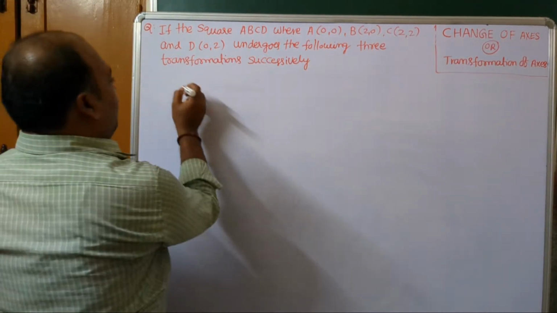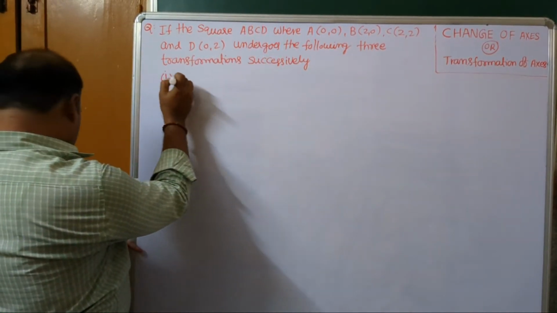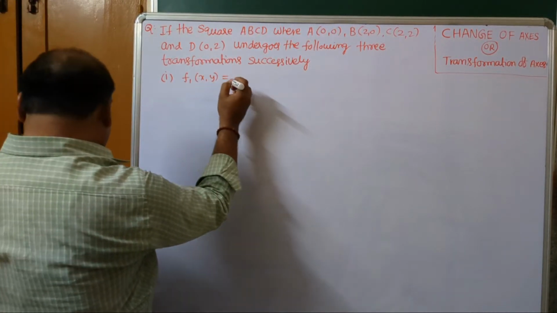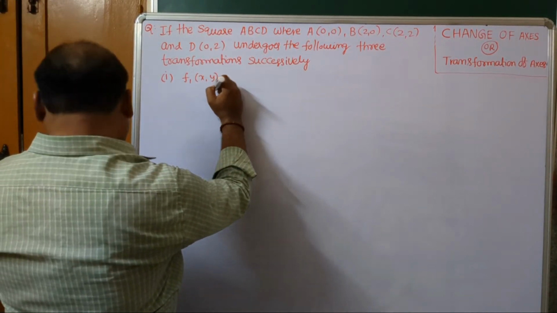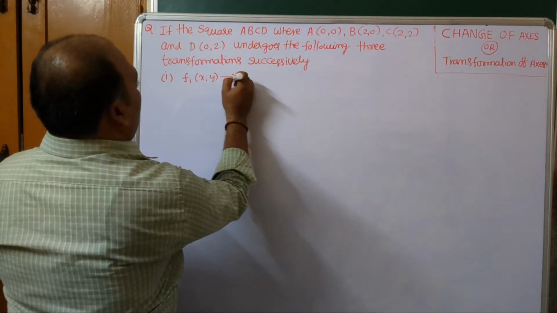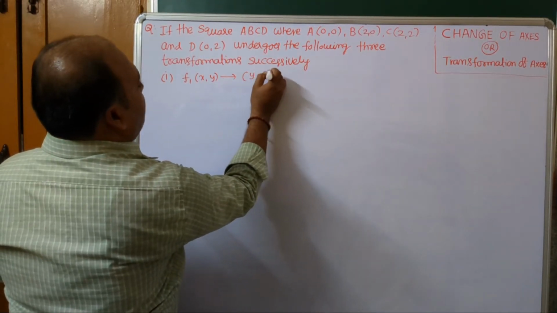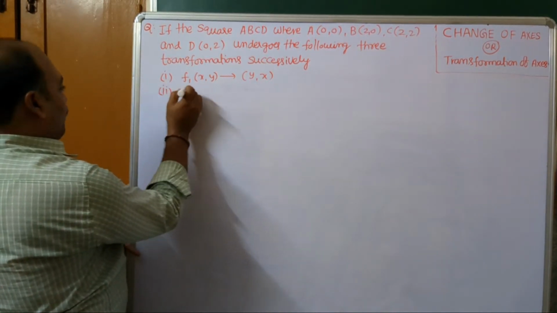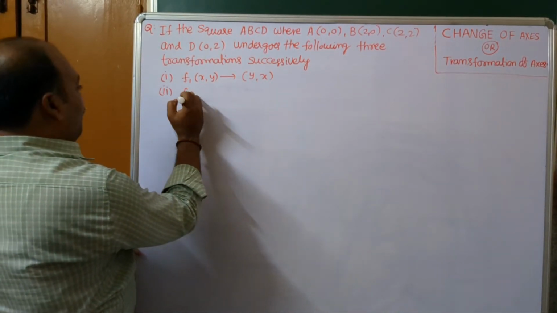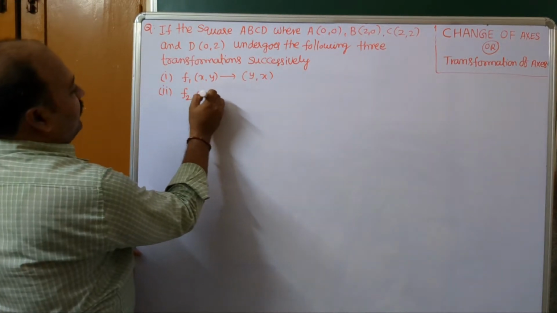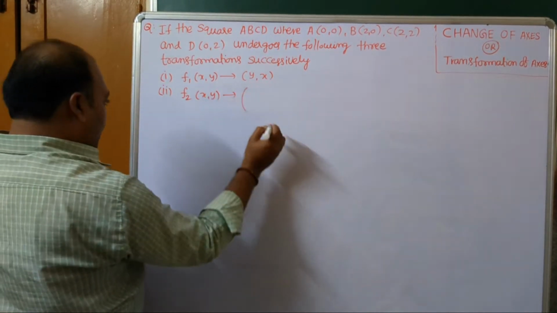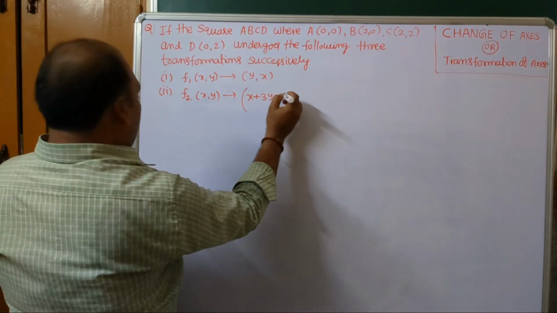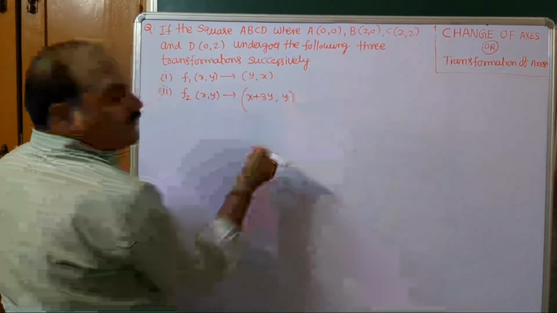The first one, f1 of x comma y goes to y comma x. The second transformation, f2 of x comma y transforms to x plus 3y comma y.